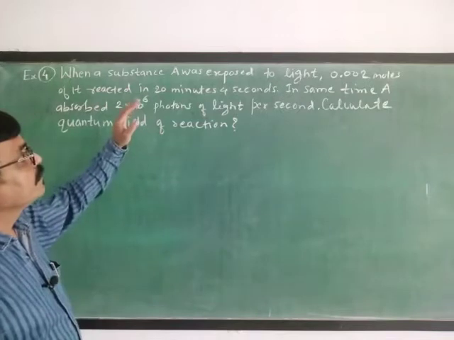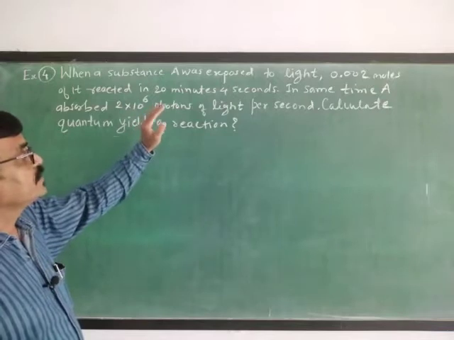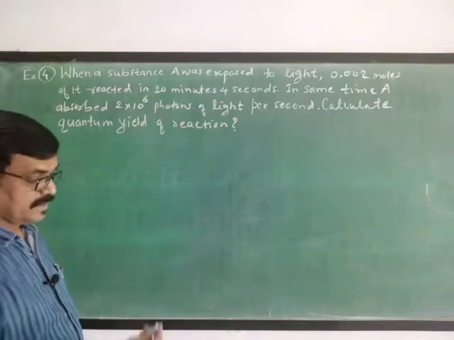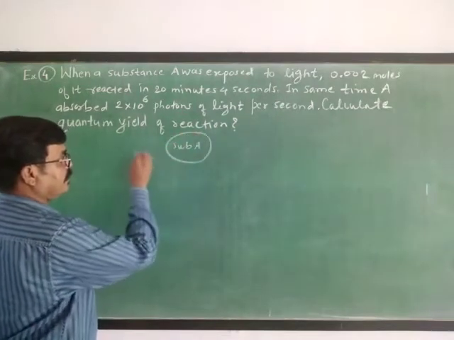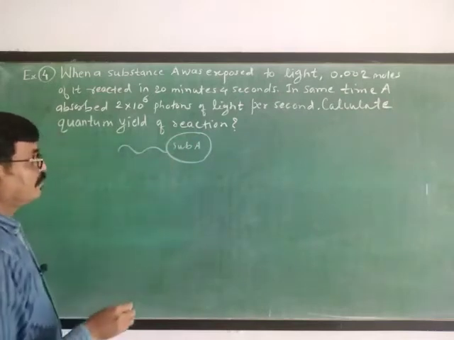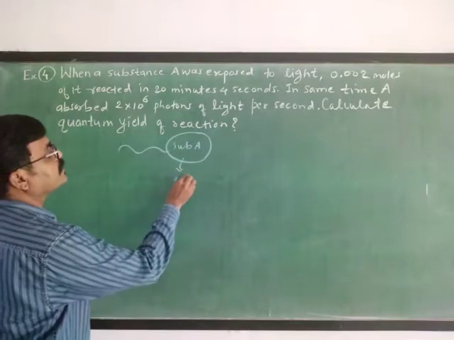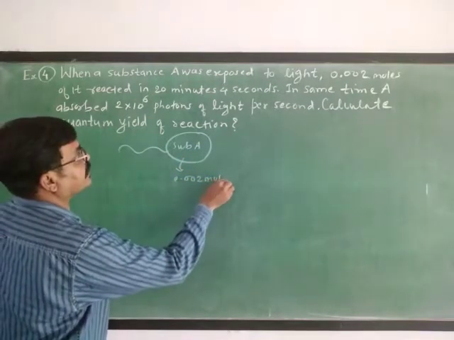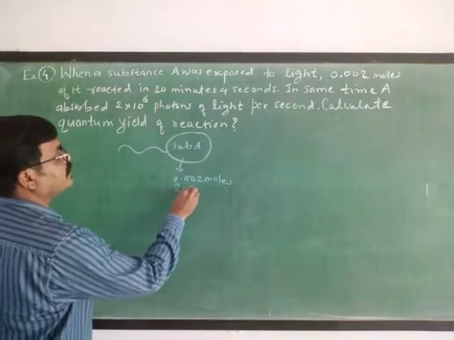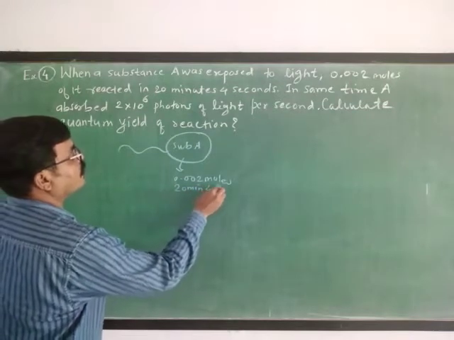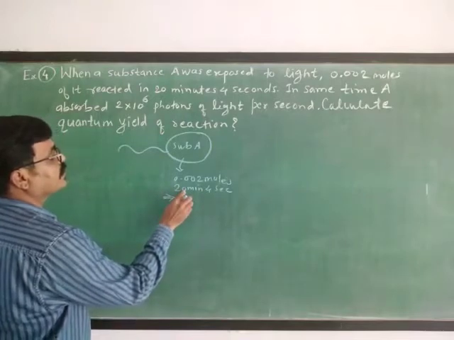and the number of moles reacted are given in 20 minutes 4 seconds. Now let me assume this is substance A. This substance A was exposed by a light, then its 0.002 moles get reacted, and the time is 20 minutes 4 seconds, means total 20 minutes get converted into seconds.